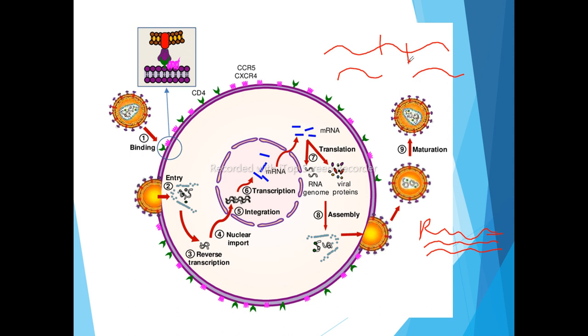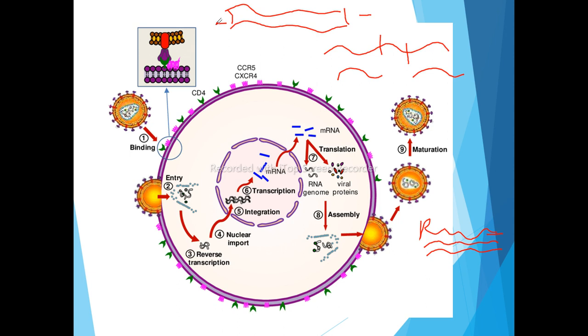Now we have the viral genome. This viral genome has ends here, because it has been integrated into the host genome. On this side we have the host genome, and on this other side we also have the host genome.